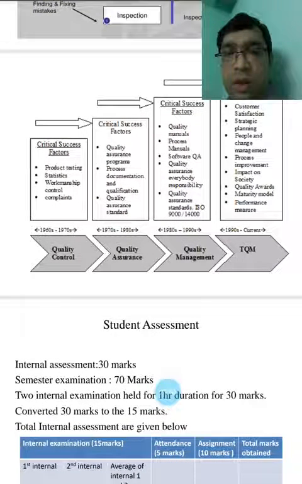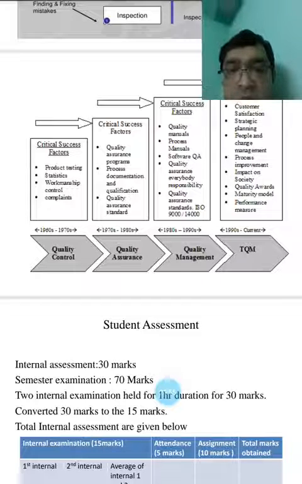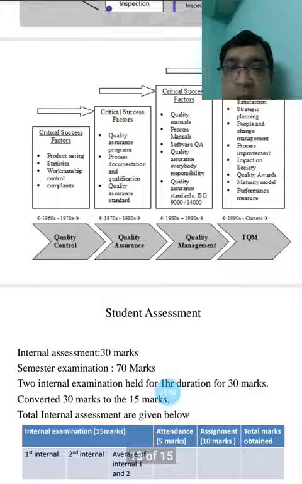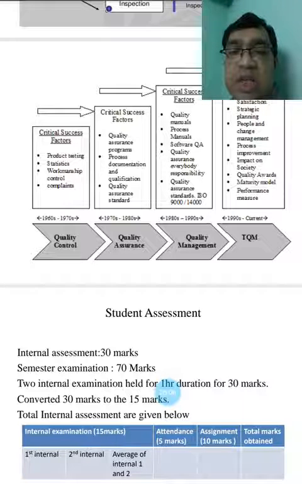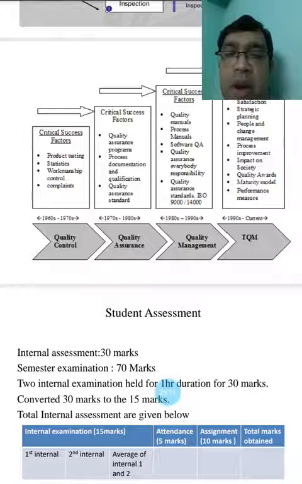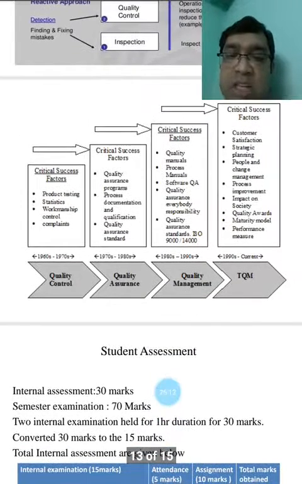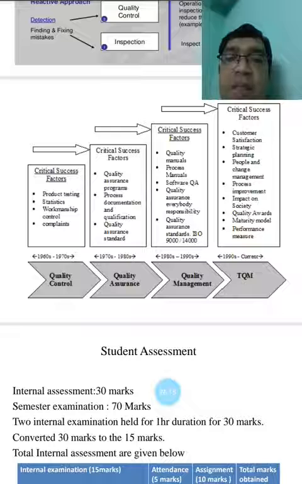Again, once software quality assurance is completed, then quality assurance becomes everybody's responsibility, and after that it becomes the quality assurance standard and ISO 9000 to 14000. This will be called quality management.